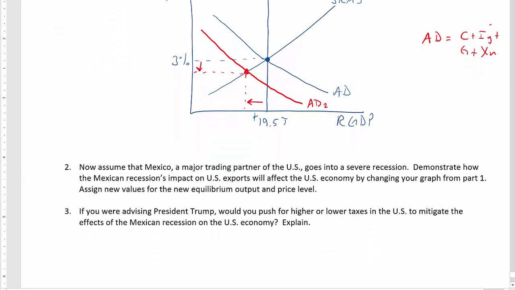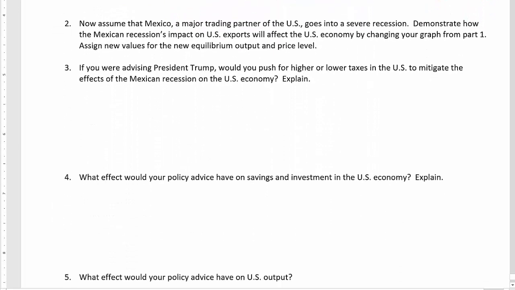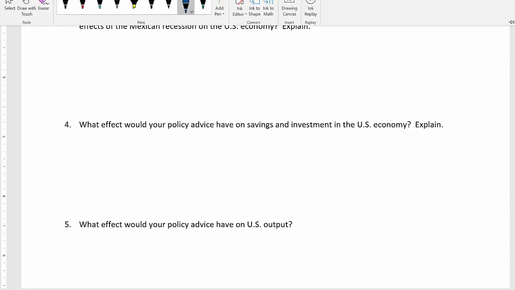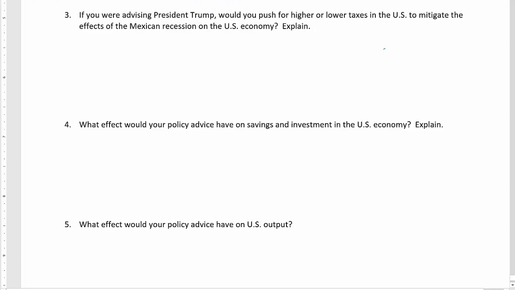All right? Now, number three: if you were advising President Trump, would you push for higher or lower taxes in the United States to mitigate the effects of the Mexican recession on the U.S. economy? Explain. Let's think this through. Higher taxes would result in more of my money going to the government, and then I would have less money to spend.